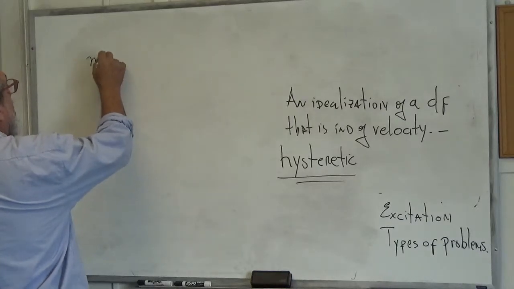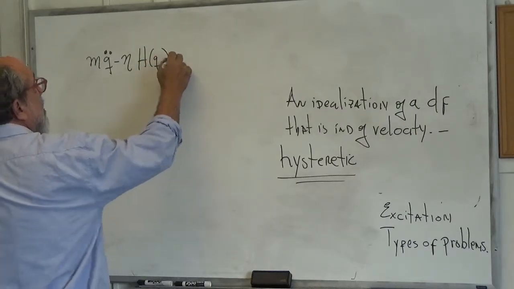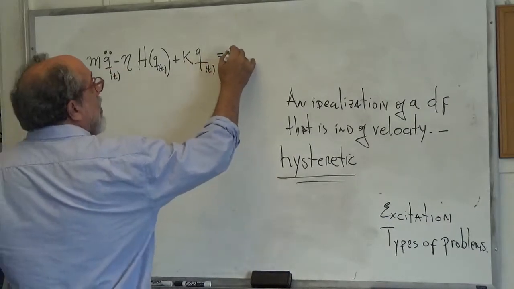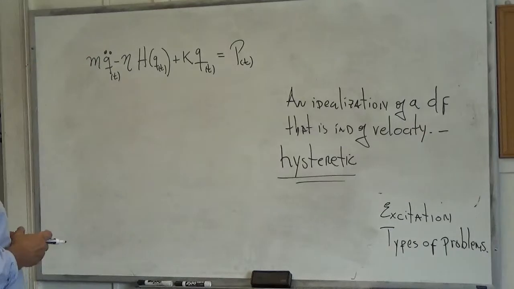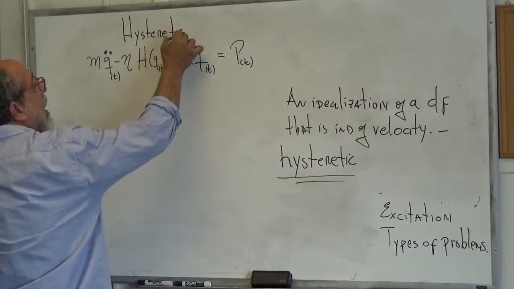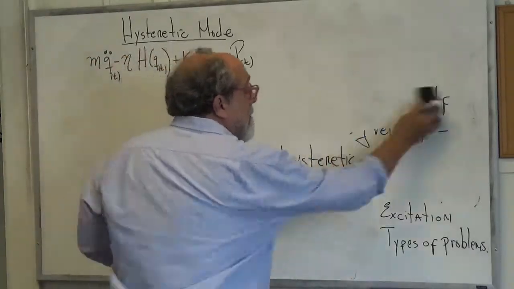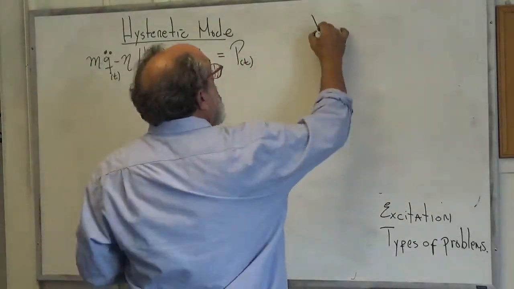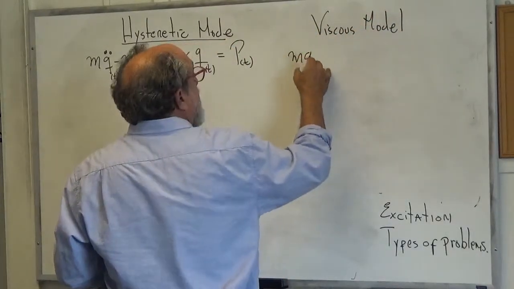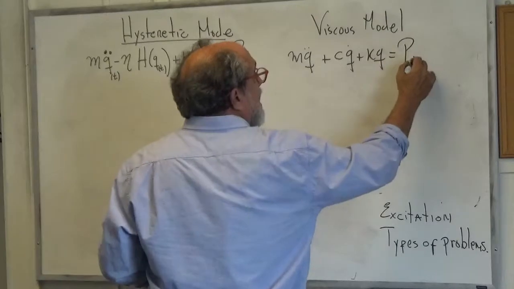M Q double dot minus N H of QT plus K Q of T equals P of T. So the hysteretic model, the viscous model is MQ double dot plus CQ dot plus KQ is equal to PT.